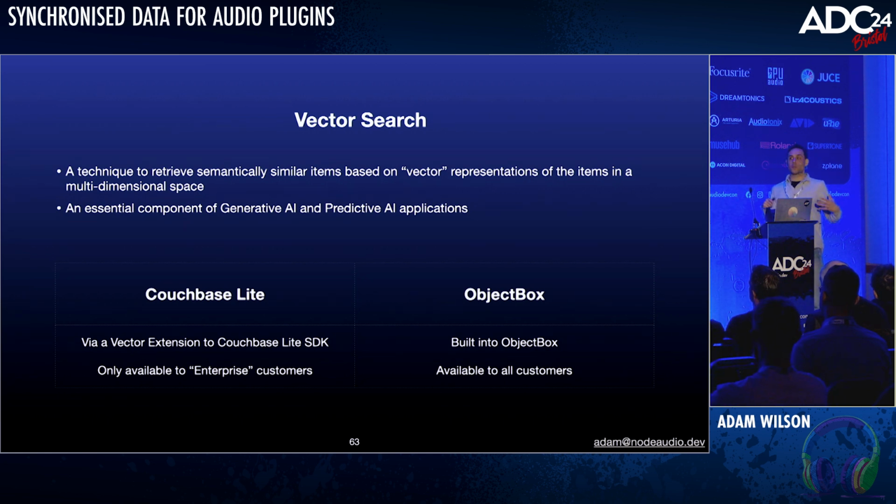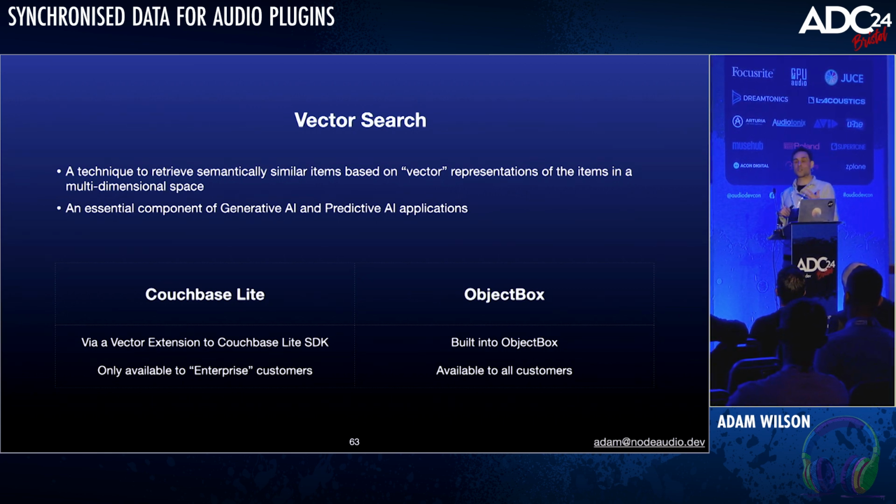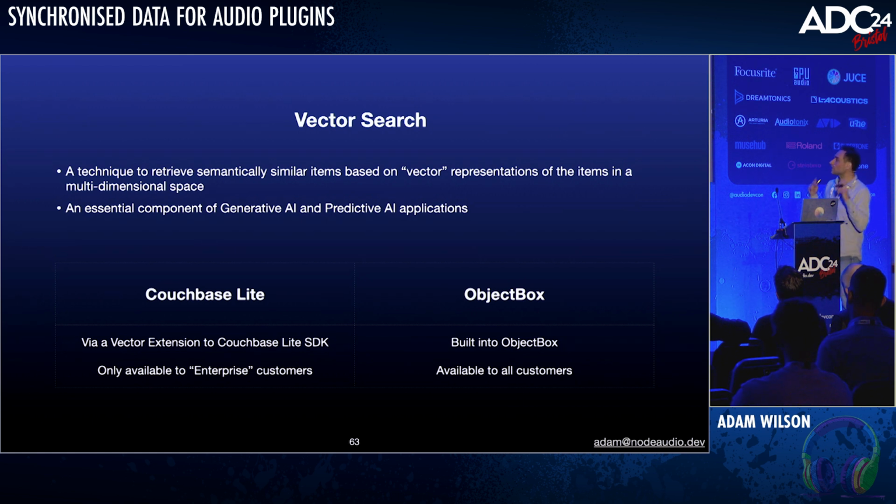What it could mean for us audio developers is, for example, if you've got a sampler with loads of samples, and you want to find samples that are similar to each other, you could run some analysis on your samples and save the results of the analysis in what are called vectors. And within both of these databases, you can run a similarity search. So that wasn't what I was looking for, but it's something that might be interesting to some of you.